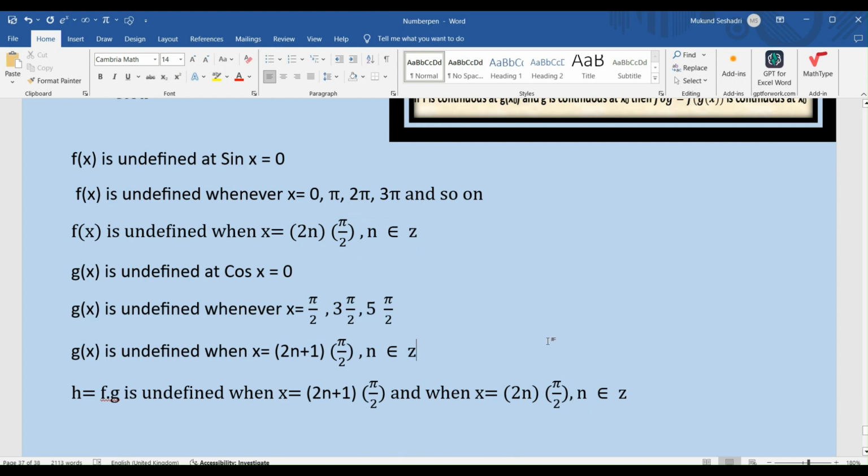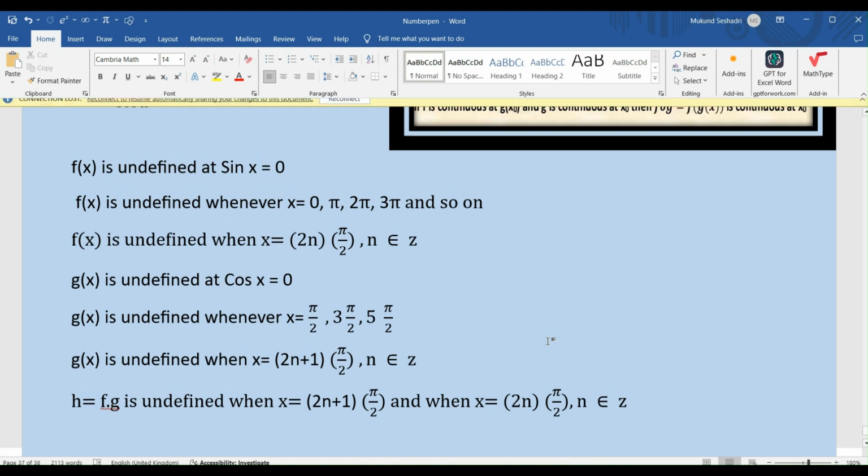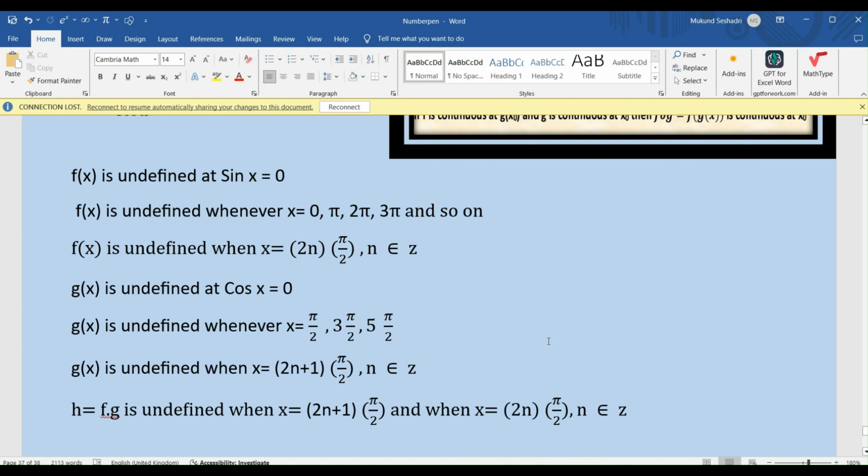Because whenever x takes 2n plus 1 times pi by 2, your 1 by cos x part of it becomes undefined. And whenever x takes 2n times pi by 2, your 1 by sine x part of it becomes undefined, right? So your f dot g remains undefined whenever x equals 2n plus 1 times pi by 2 and 2n times pi by 2, right?